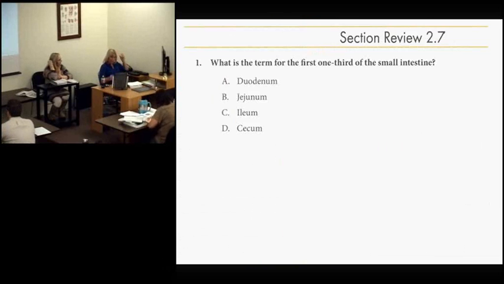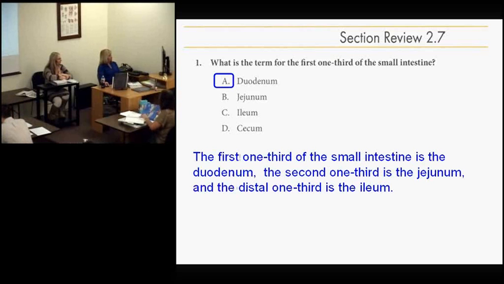All right, 2.7. What is the term for the first 1/3 of the small intestine? It's going to be the duodenum or duodenum, depending on who your teacher was. So the first 1/3 of the small intestine is the duodenum, the second is the jejunum, and the distal is the ileum.